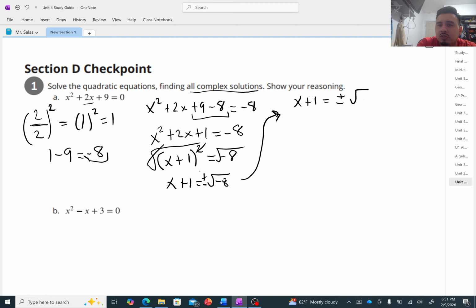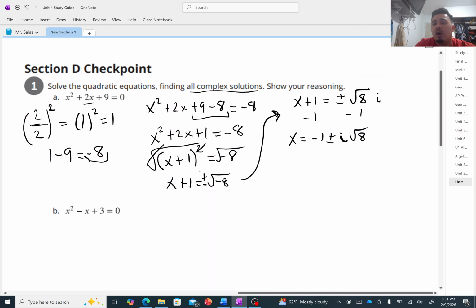So it's going to be the square root of 8. Don't forget the i. We'll fix the i in a bit. Now I'm going to do minus 1. So I should get x is equal to negative 1 plus or minus i square root of 8.